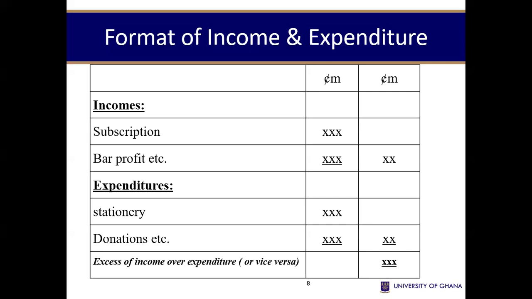Donations here are to outsiders. Okay, we treat it as part of expenditure. Now the difference: if your income is more than expenditure, we have excess of income or we have surplus. If your expenditure is more than your income, then we have excess of expenditure over income, and that becomes a deficit. Okay, but you need to account for the subscription. You need to also work out your bar profit before you show them in your income and expenditure statements.